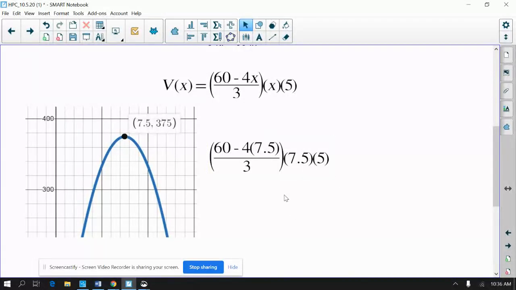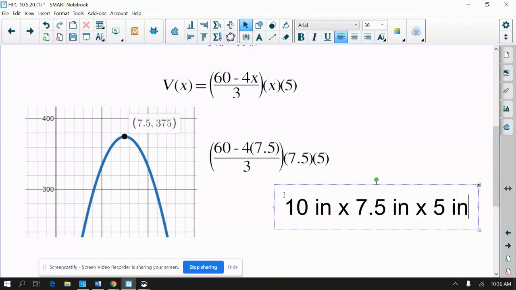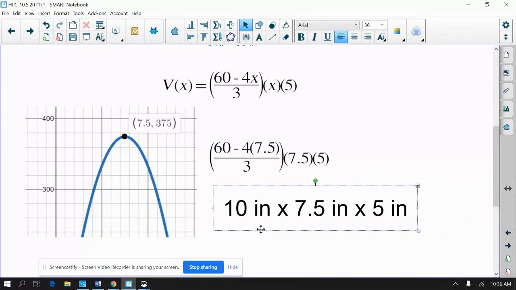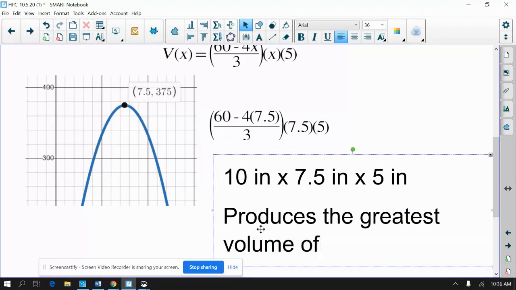So it is 10 inches by 7.5 inches by 5 inches. Those are the dimensions of the box that produces the greatest volume, which is 375 inches cubed.